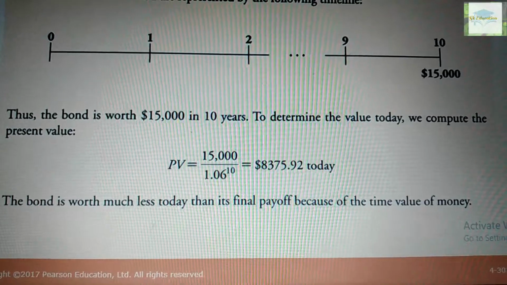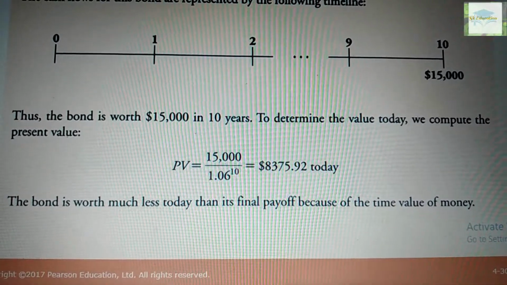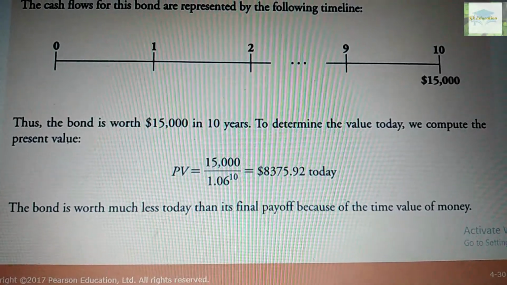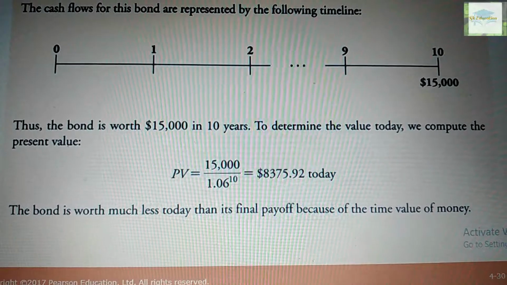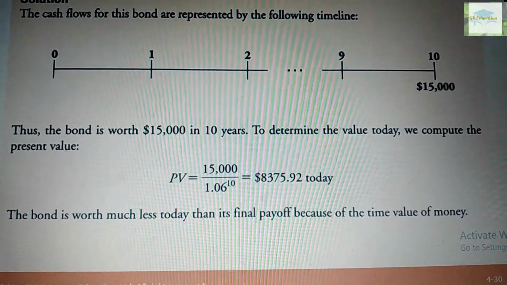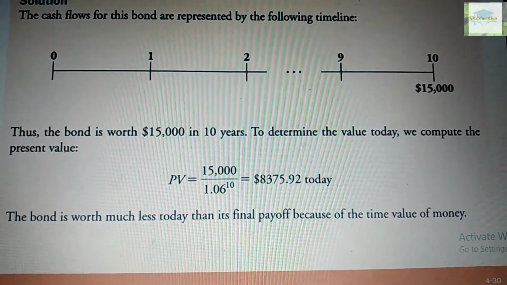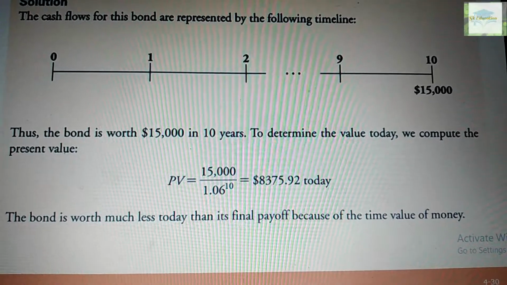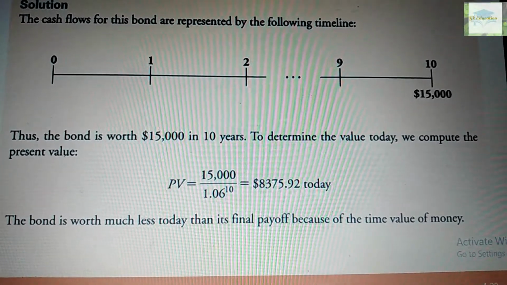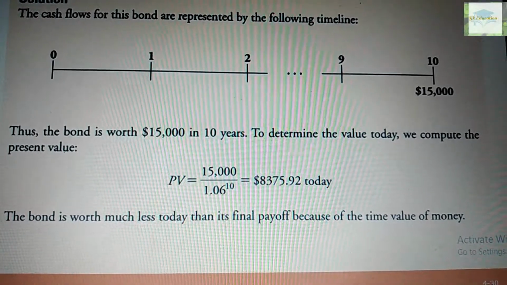Present value is equal to the future value, which we have mentioned as C, divided by (1 plus R) to the power N. R we have 6%, so 0.06. 1 plus 0.06 becomes 1.06 to the power 10. So we are going to calculate 1.06 ten times, and then divide 15,000 by that, and we will have $8,375.92 today.